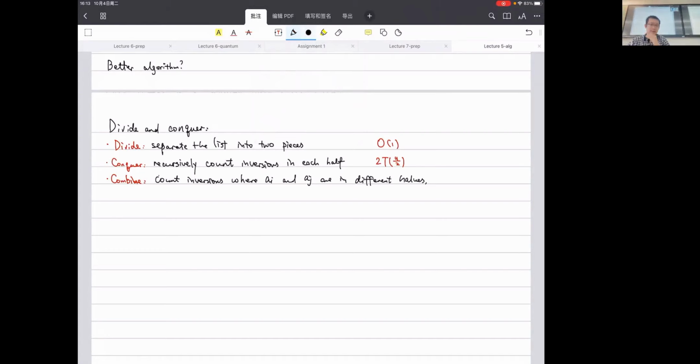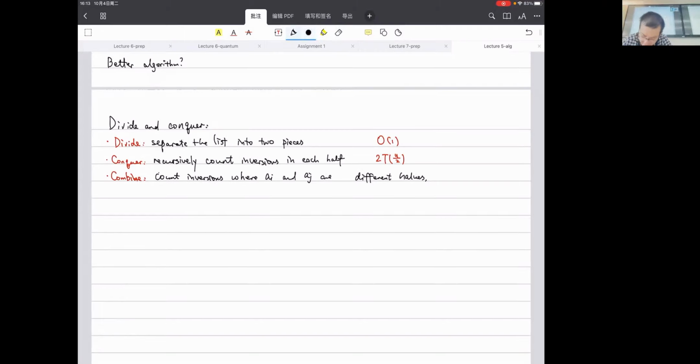Due to the recursion, in the conquer part we have solved the 2 subproblems. So the remaining thing in this merge or combine is that we need to be careful to count the inversions where one is in the left half and the other in the right half.